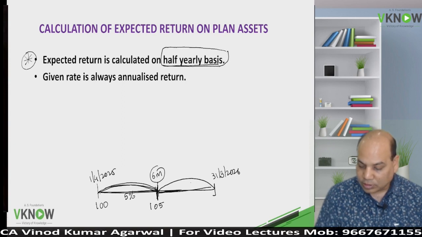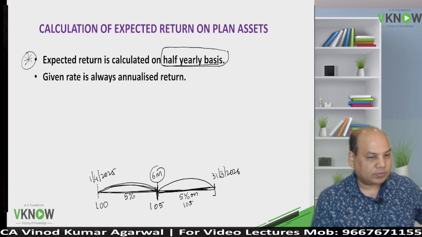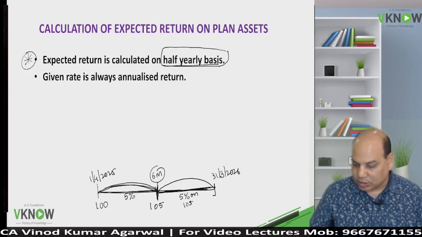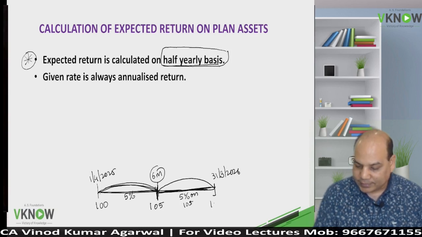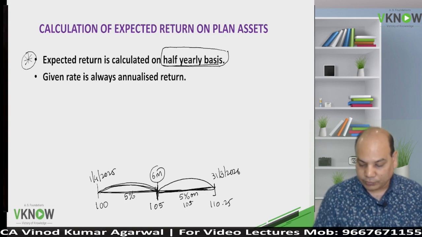Then again after 6 months, you will earn 5% on 105. So let us calculate 105 into 1.05, which is 110.25.